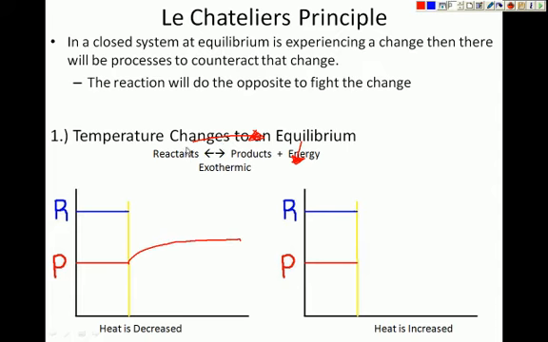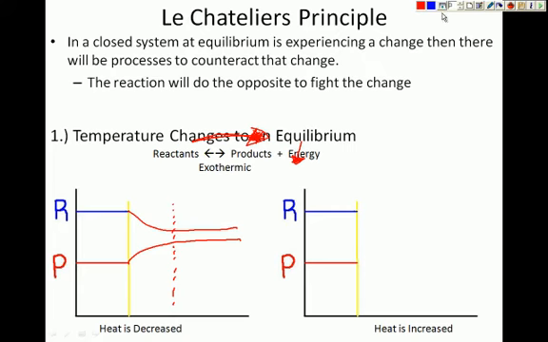And since it's going in this forward reaction right here, reactants are used to make this heat and to make products, and therefore we see the reactants decrease. And then it reaches a new equilibrium. So this would be our new equilibrium. Okay? So here's our old equilibrium and our new equilibrium.